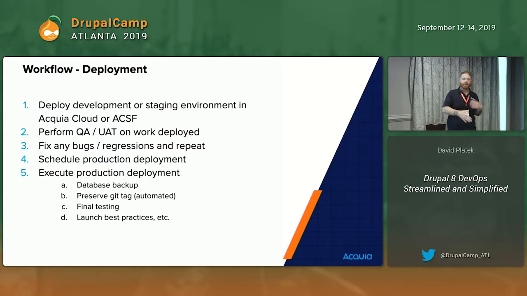We can continue to iterate on our development environment while we fix everything and push it into stage. When it actually does work, you're going to go ahead and schedule a production deployment and then execute it. And that's where you're going to back up that database, make that Git tag, run any last tests you need to do, and then launch using whatever best practices you settle on.